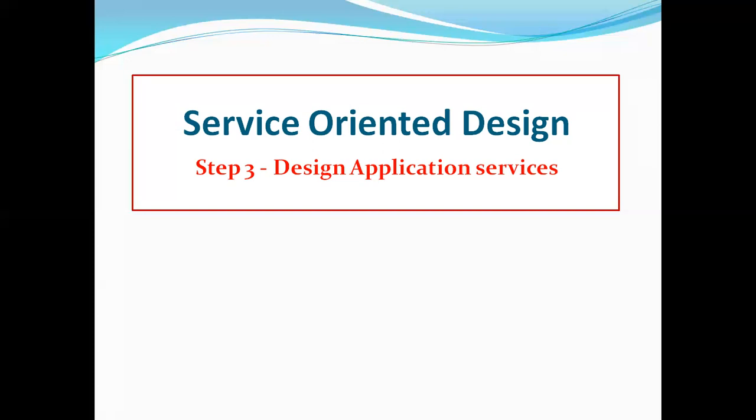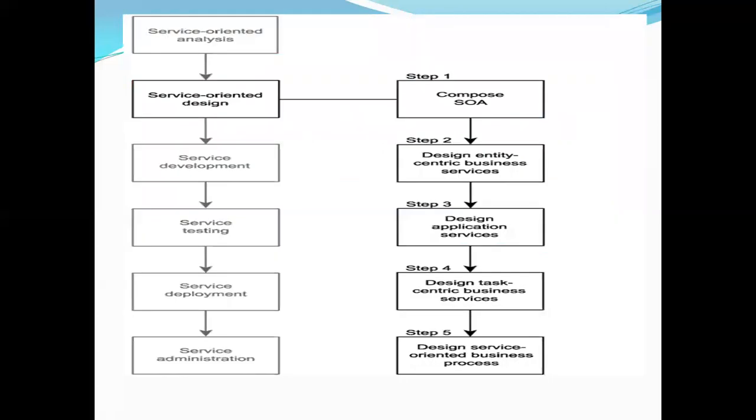Entity-centric business service design is divided into 7 steps, and we are going to cover similar steps while designing the application-based services. Application service design is also divided into different steps. So let us start designing the application services.